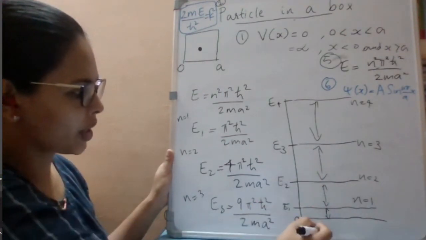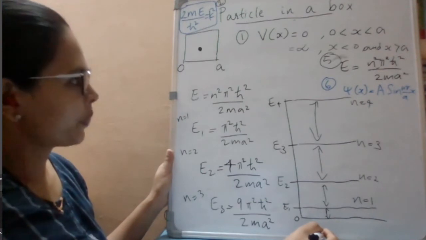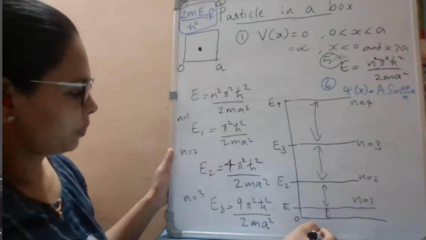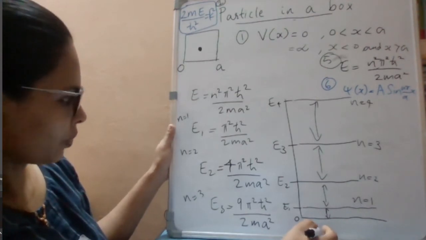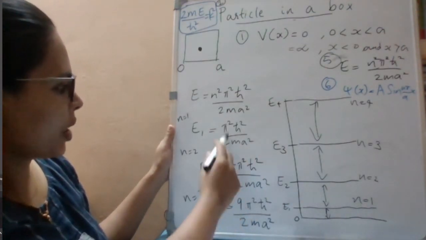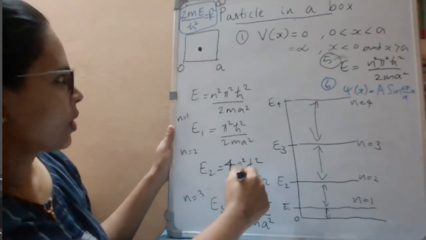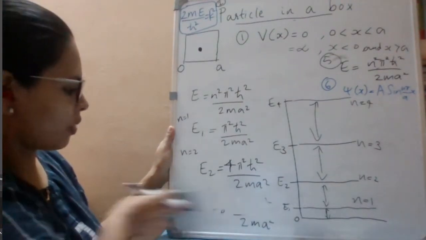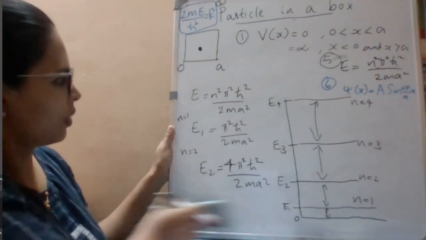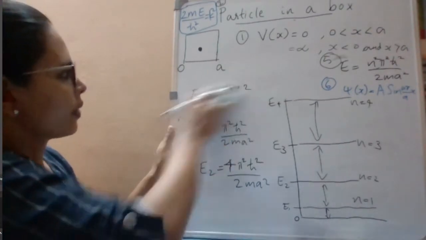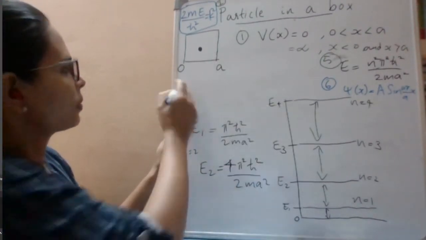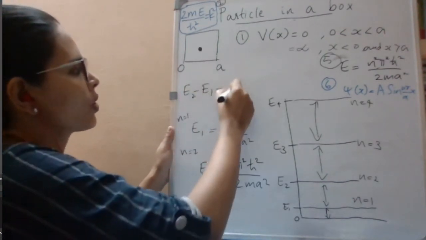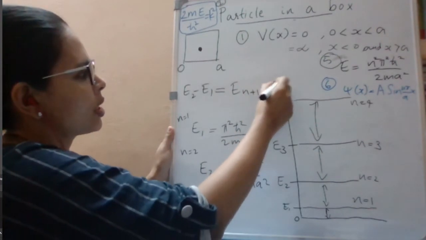If you find the difference between E2 and E1, E2 minus E1, that is the ideal case of En plus 1 minus En.